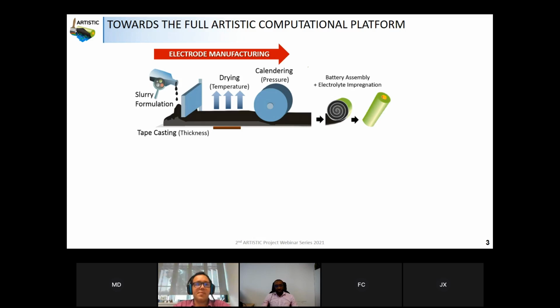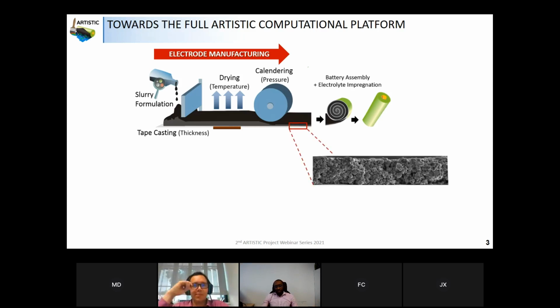As you know, the aim of the project is to develop a computational platform that can simulate the full chain of electrode manufacturing, starting from the slurry, drying, calendering, and so on.